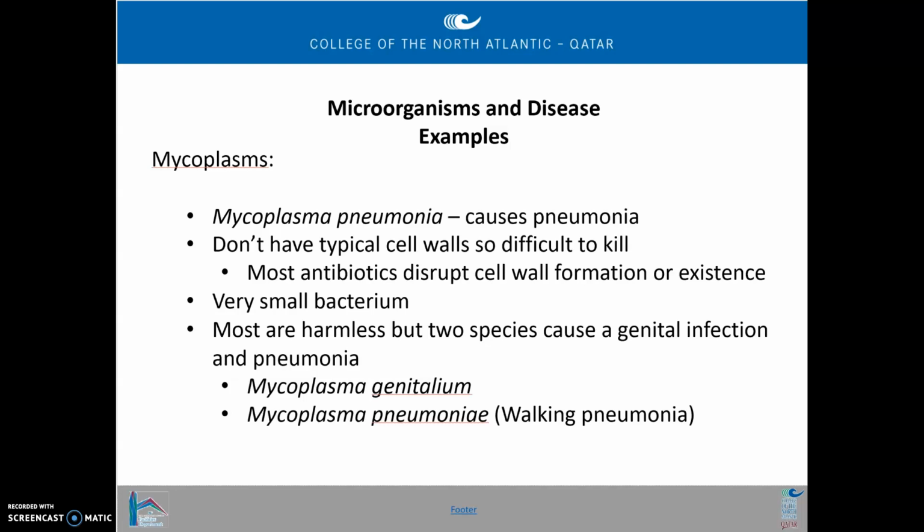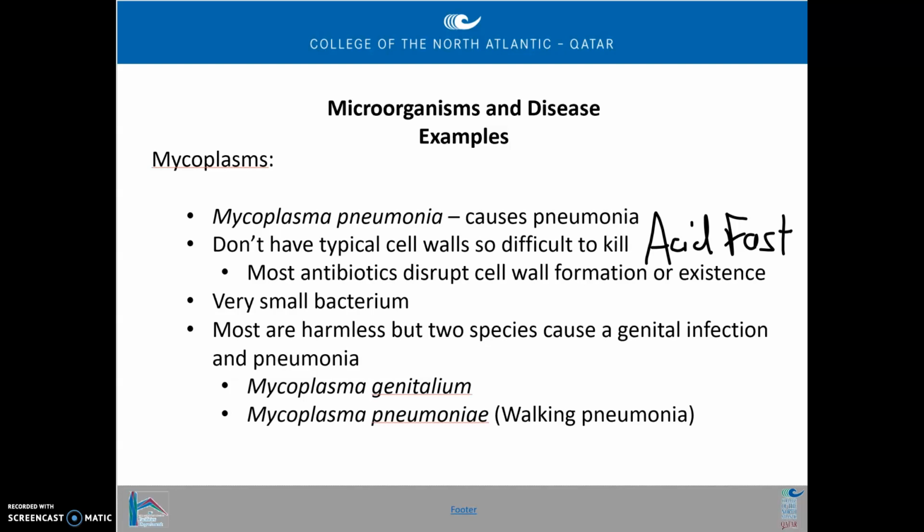It has that mycolic acid, so this would be a bacteria that we talked about earlier. That would be an acid-fast bacteria. So not gram-positive, not gram-negative, not a typical cell wall.